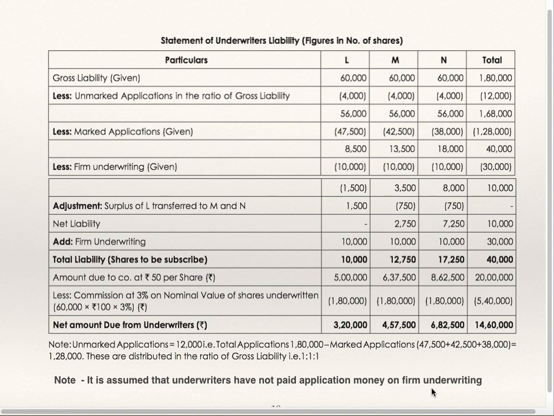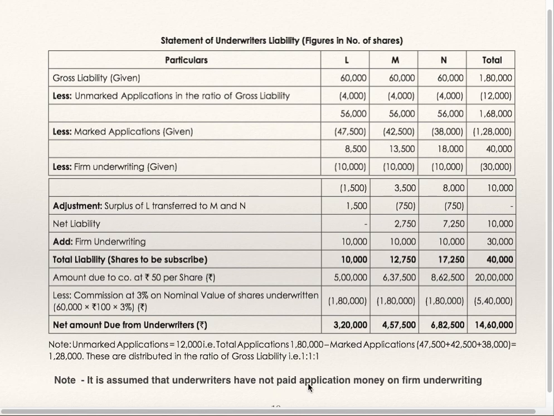In the earlier examples, what we have done, after finding out net amount due, we have deducted the amount from firm application, assuming that they have paid on firm underwriting. But as per this solution, they are not showing it, so we'll have to write a note.